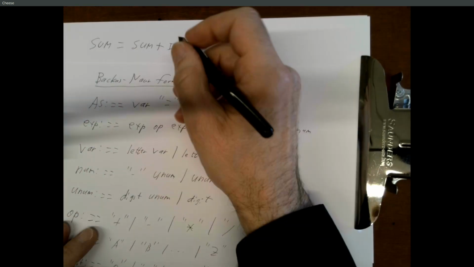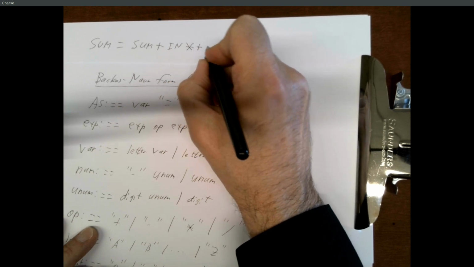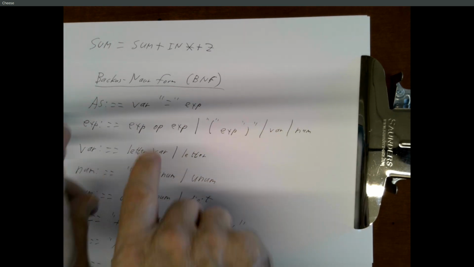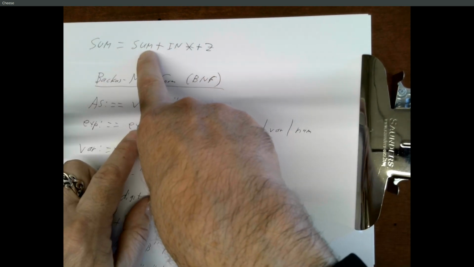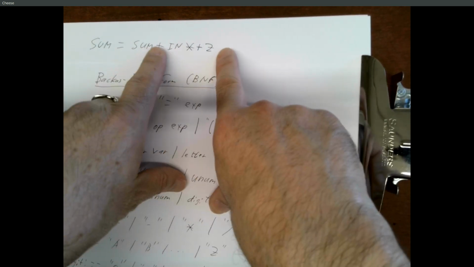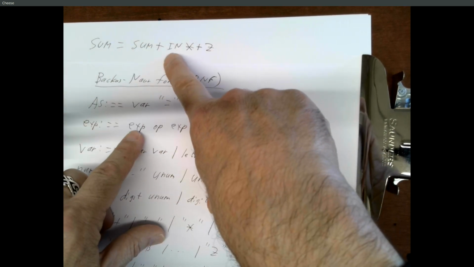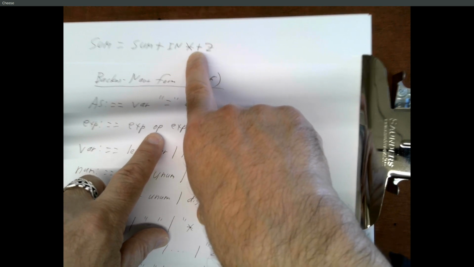Whereas if I did something like this, right? This is a variable, this is an equal sign. Is this whole thing an expression? Well, sum is an expression, plus is an op, is in star plus z an expression? Well, in is an expression, star plus z, star plus is not an op, right?